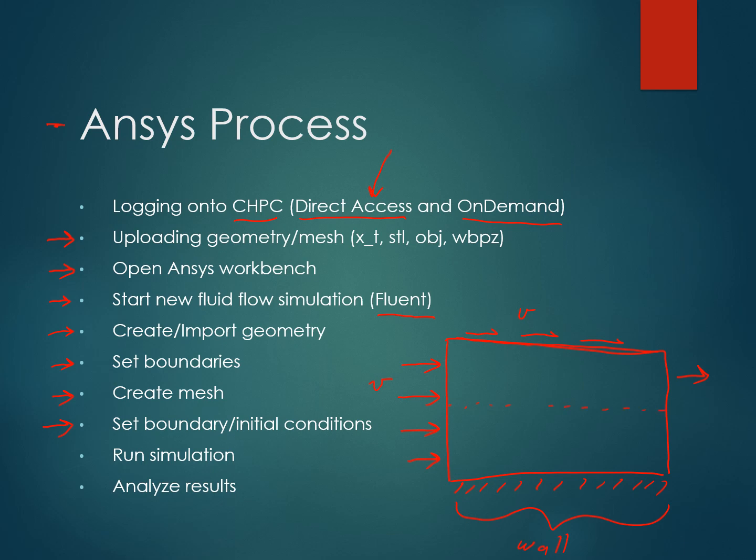So we've got just a velocity input, and then outlet and a wall. Then we'll actually run that simulation, and afterwards we'll be able to do some post-processing in order to analyze those results. So let's go ahead and switch over to a web browser, and then we can get started on the next step.